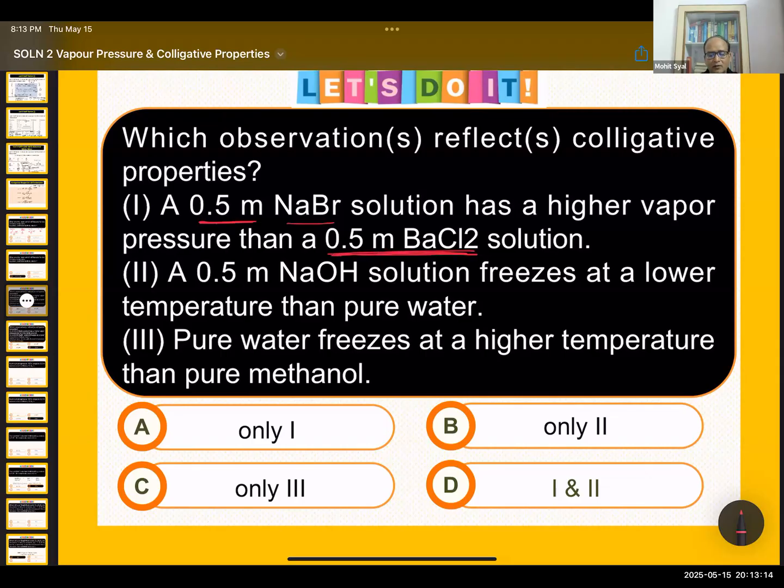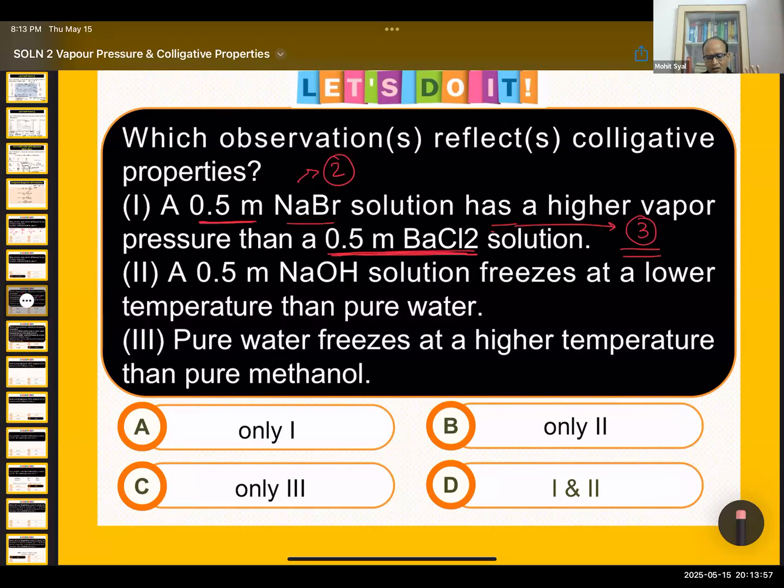Yes, the relative lowering of vapor pressure is more in this case because you have 3 ions, barium and 2 chloride. So vapor pressure will drop more. In this case, you have just 2 ions, Na plus and Br minus, so vapor pressure will drop less. Got it? Is it clear? Yes, sir. So this is related to colligative properties.